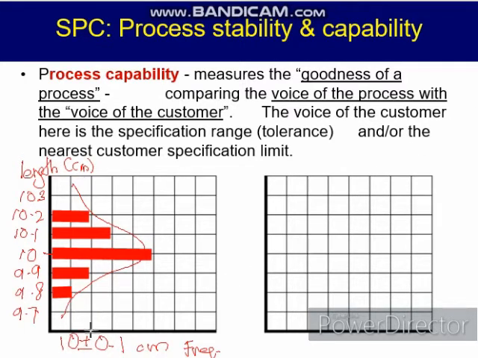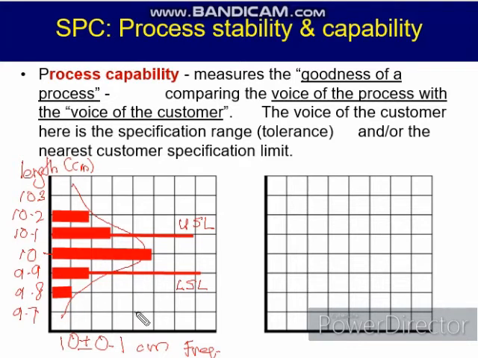The lower specification limit will be 10 minus 0.1, which is 9.9. The upper specification limit is 10 plus 0.1, so it will be this particular line. So this is the upper spec limit, this is the lower spec limit.